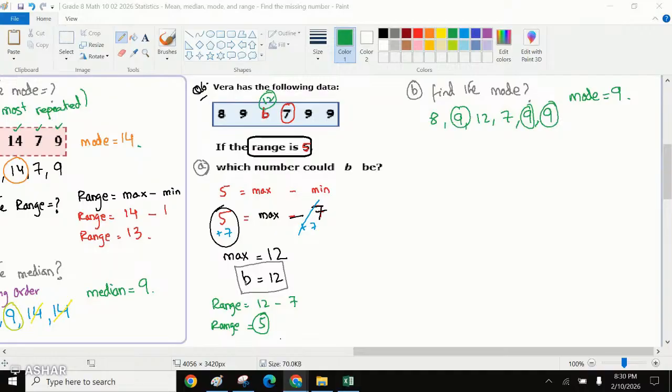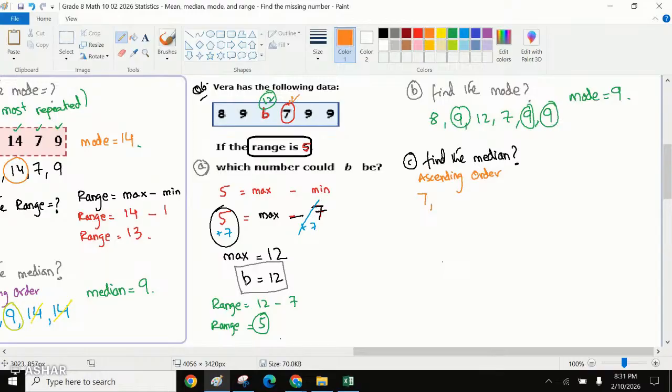The next one is, let's try to find the median for these given values. In order to find the median, we have to arrange the numbers in ascending order. What is the smallest number? 7 would be the smallest.